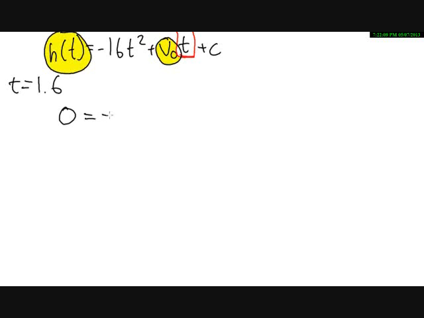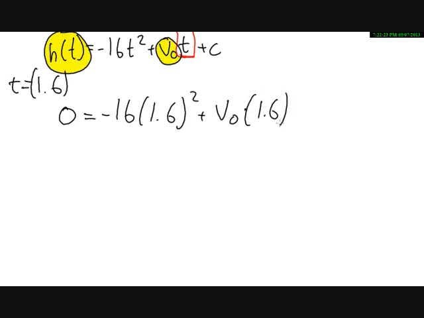So our equation will be 0 equals negative 16t squared. We know our time is 1.6, so we go 1.6 squared, plus v sub 0 times 1.6, plus c, which represents the initial height, and the grenade was about 3 feet from the ground, so we can put 3.